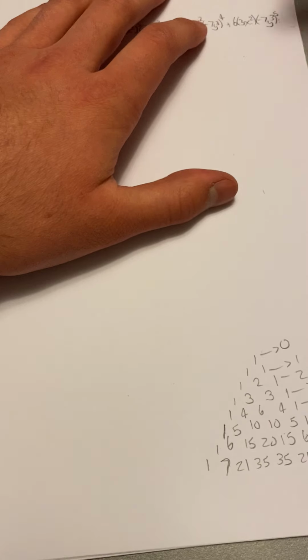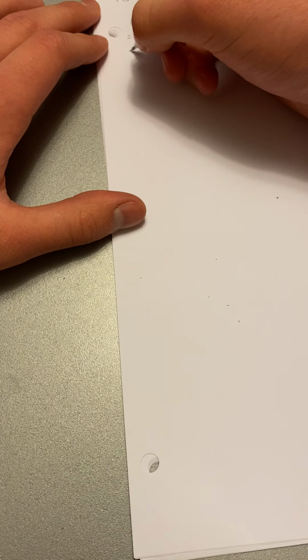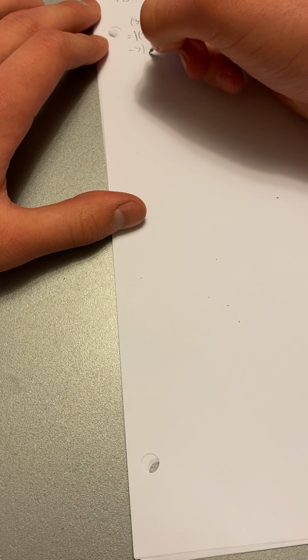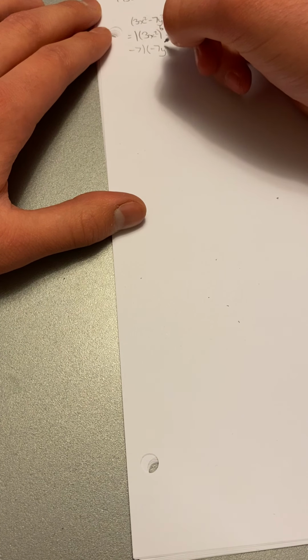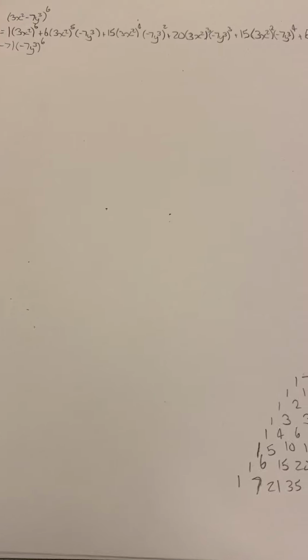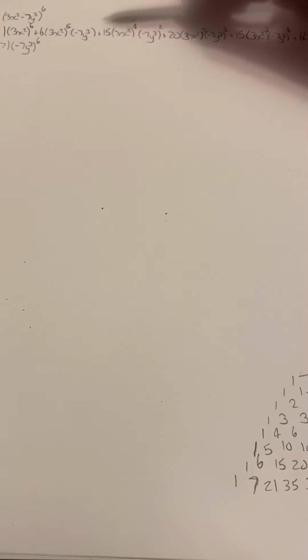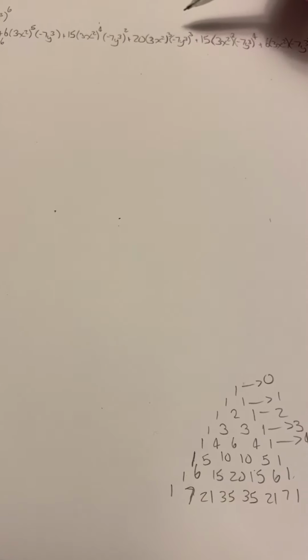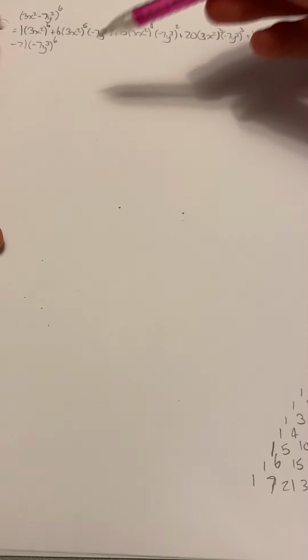Now we'll have to continue it underneath. To the 6. And as you can see, the exponents go in the x value from 6 down 5, 4, 3, 2, 1, then there's none.